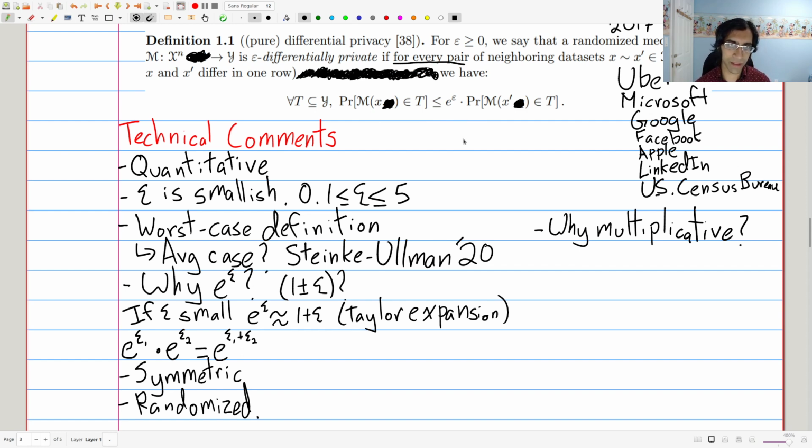Essentially what this says is that the distribution of the random variable M on x is similar to the distribution of the random variable M on x prime. But there's many other ways of arguing that two random variables are close to each other. Some include saying that the total variation, or their statistical distance, is small, or maybe their KL divergence is small, stuff like that.